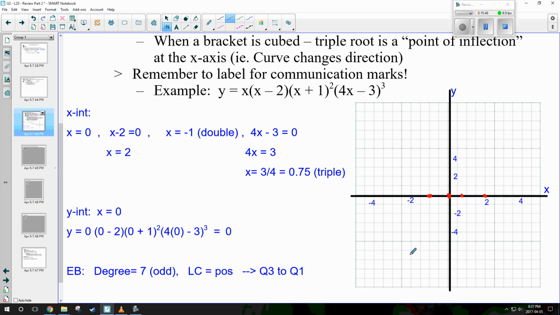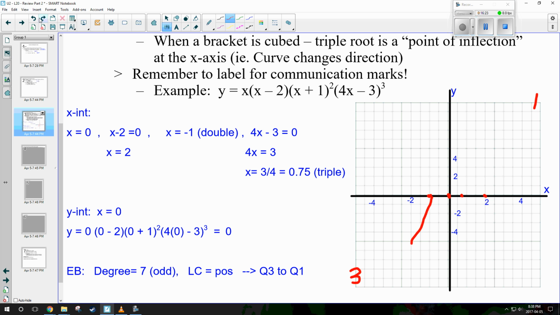And then we need to draw a graph. So we know that we start down here in quadrant 3 and we end up over here in quadrant 1. And we know that negative 1 is a double root, so it has to bounce off that root. And we know that positive 0.75 is a triple, so it has to do a bit of a curve here. Okay, so starting down here.